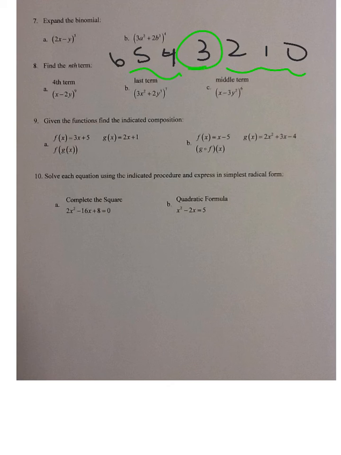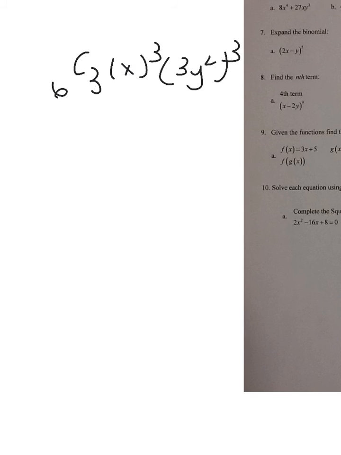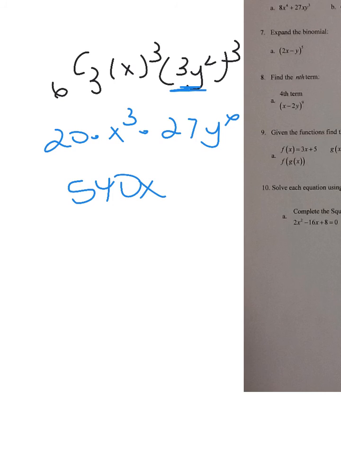So I want 6C3, x to the 3rd, and 3y squared to the 3rd. 6C3 is 20 times x to the 3rd. 3y squared to the 3rd would be 27y to the 6th. And 20 times 27 would be 540x to the 3rd y to the 6th power. All right, let's take a look at 9.